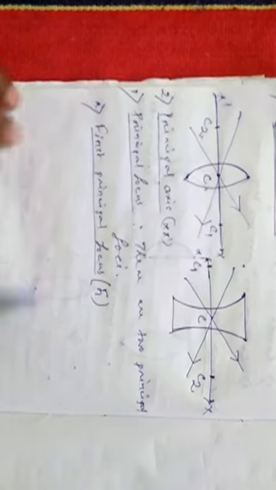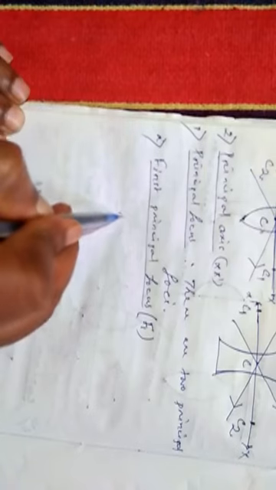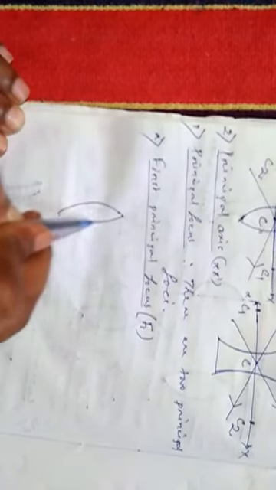So you can draw the ray diagram. This is a convex lens.